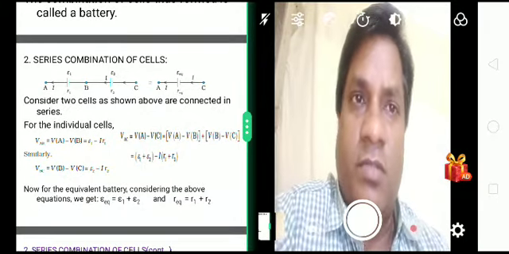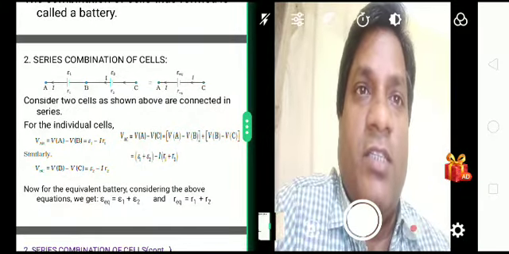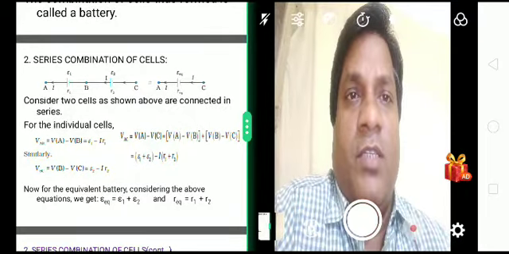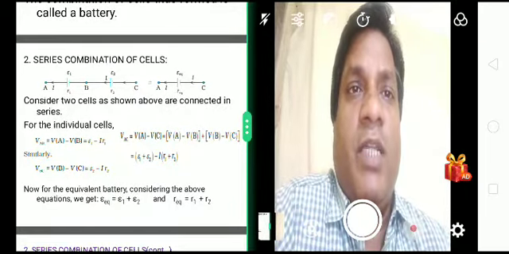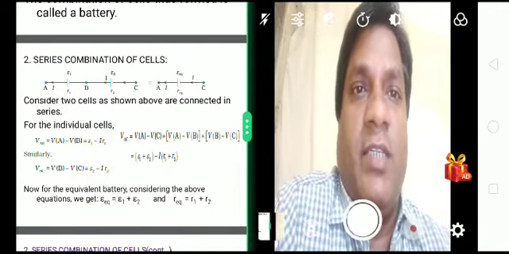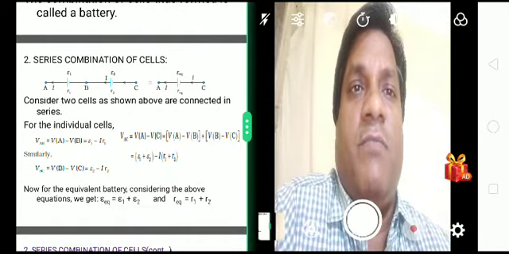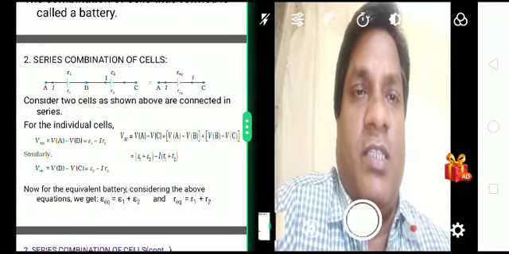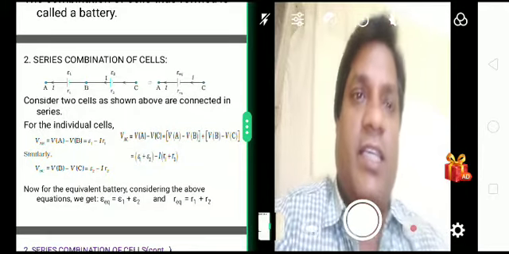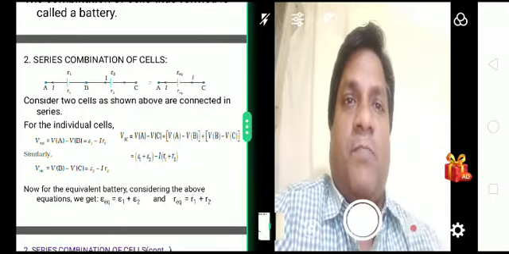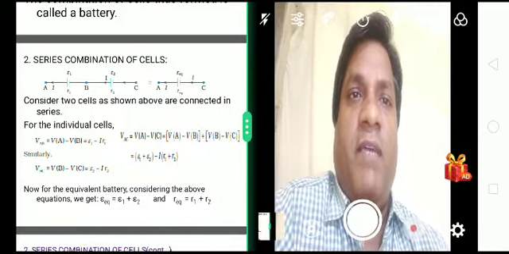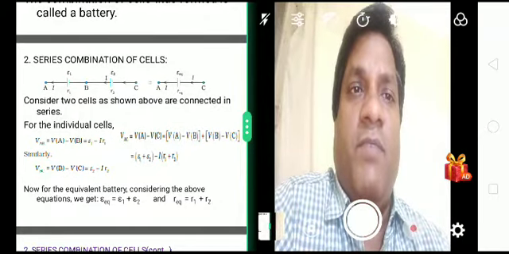Now come to the diagram on the right hand side, that is the entire battery. The two terminals of the battery are now A and C. So the terminal potential difference of the battery, that is VAC or VA minus VC, is equal to VA minus VB plus VB minus VC.